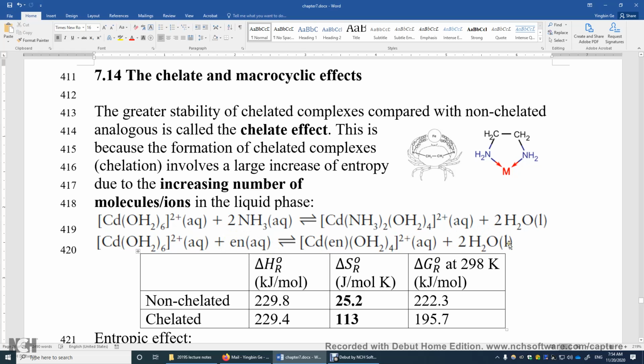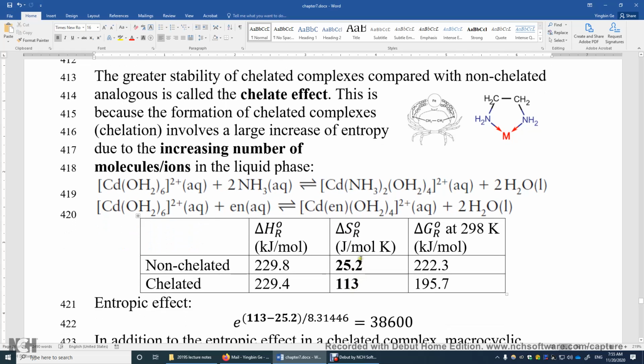On the right-hand side, you will have 6 water molecules that can move around much more freely. So you observe an increasing number of molecules or ions that can move more freely in the liquid phase. That results in the increase of the entropy of the system.